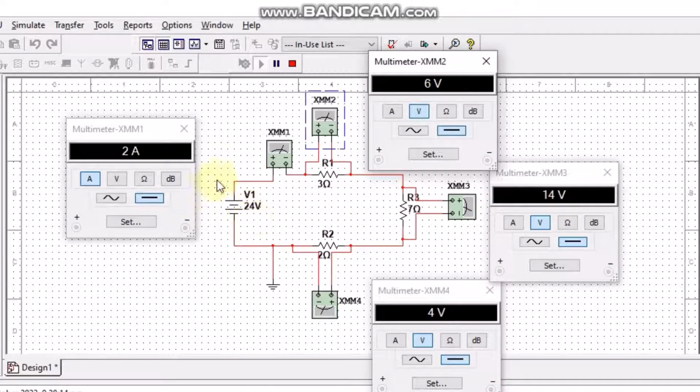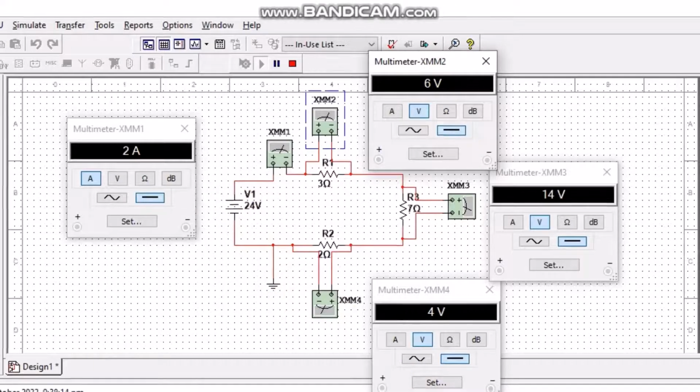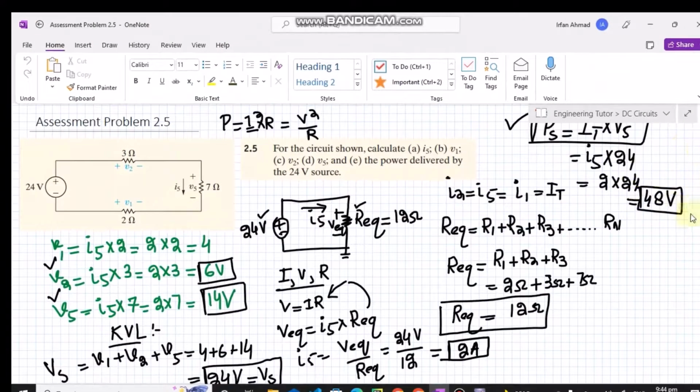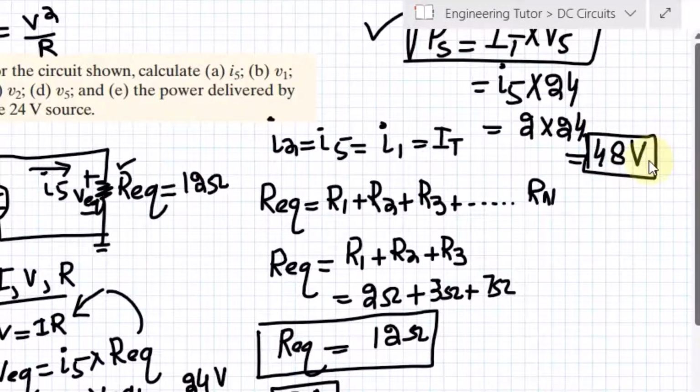Similarly, to find the power delivered by this voltage source, P is equal to IV, as the current here is 2 amperes. So P equal to IV is 48 watts. Let me check whether it was 48 watts. Yes, it was 48 watts, not volts.